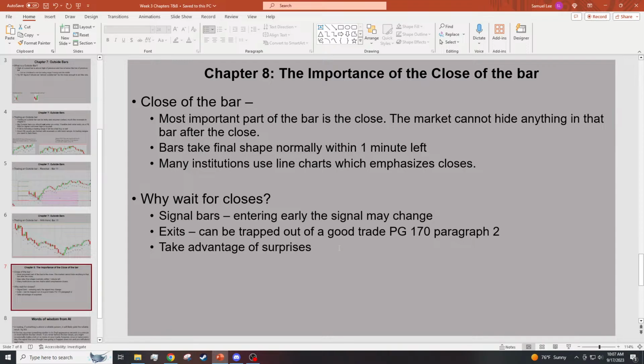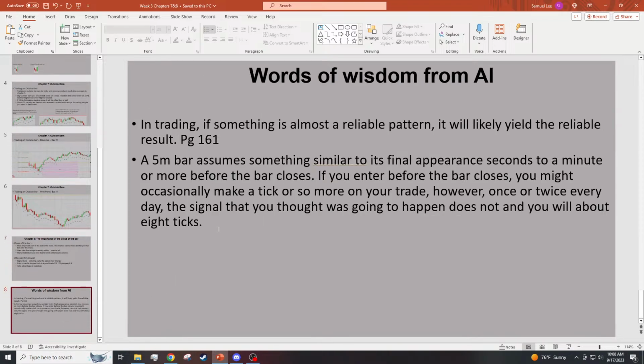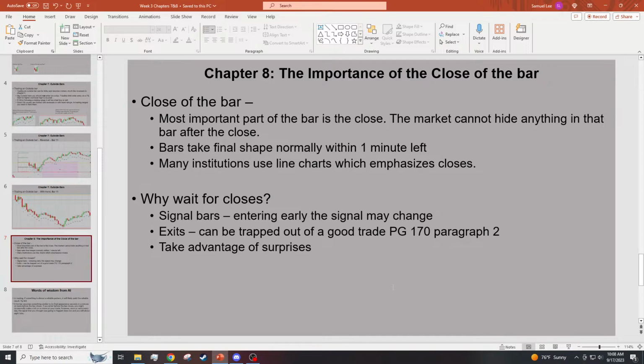He talks about how waiting for closes is extremely important because the signal bars that are forming can change in the last minute, and they often change in the last minute to last 10 seconds. Essentially, he's saying that if you enter as bars form, most of the time you might get an extra tick or two.